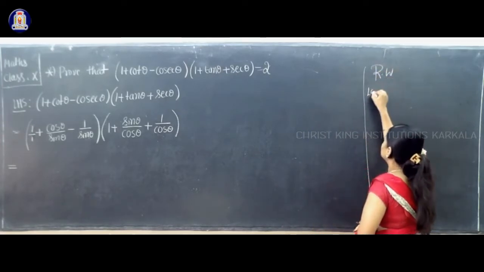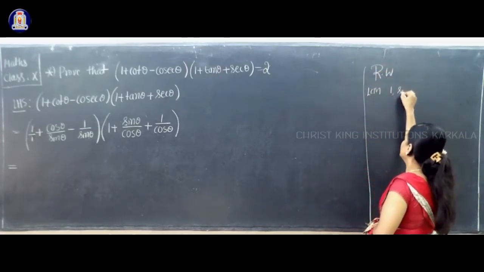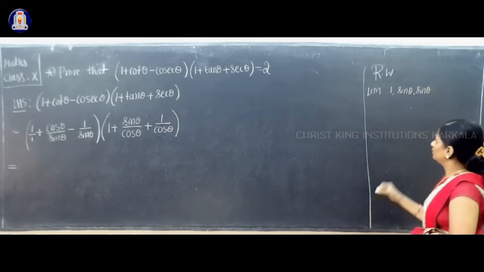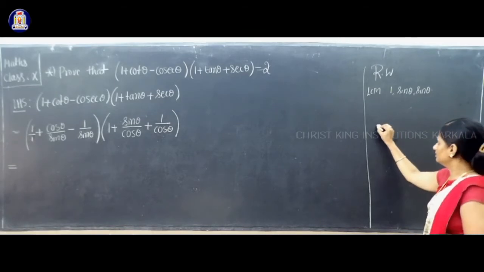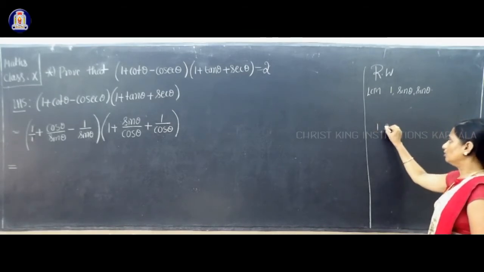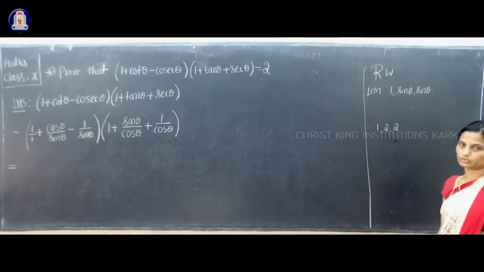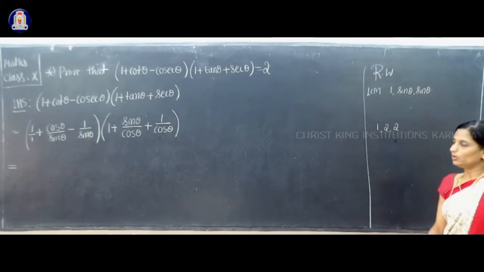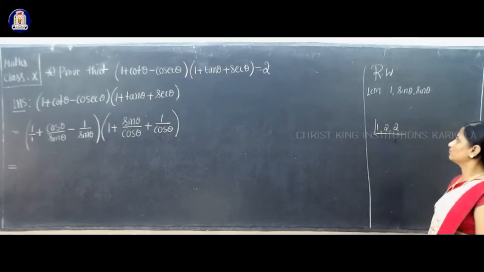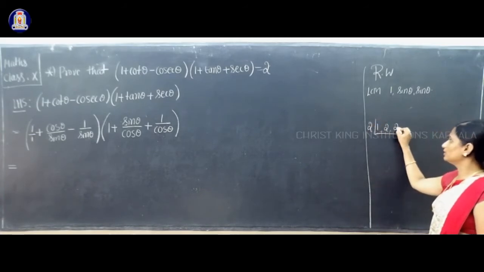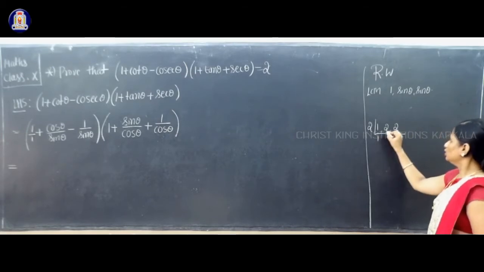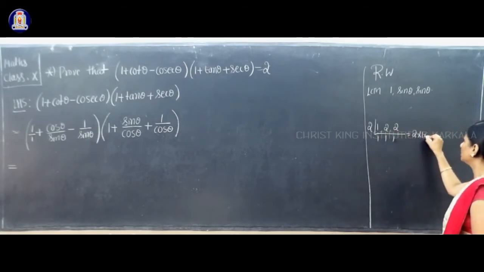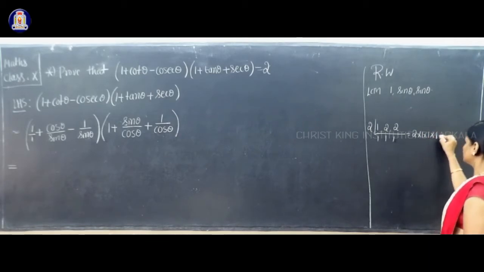So now the LCM of 1, sin theta and sin theta, how to find out? I will compare with numbers, the LCM of 1, 2, 2. So 1 is the same, and this is also the same. The common factor of 2 and 2 is 2, so the LCM is 2 into 1 into 1 into 1, which is equal to 2.